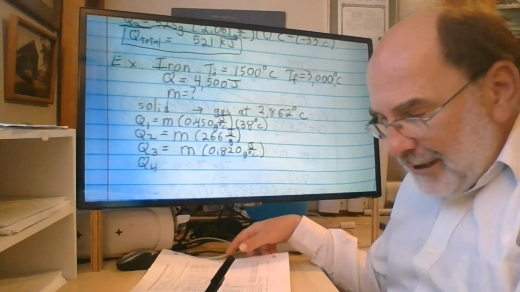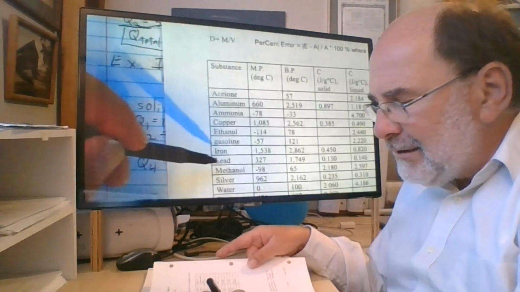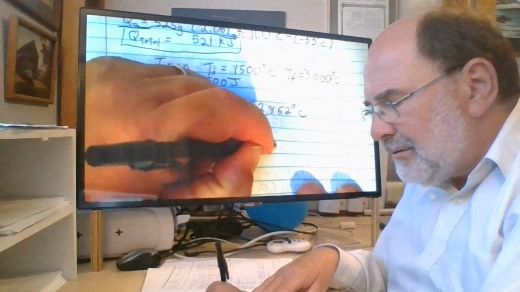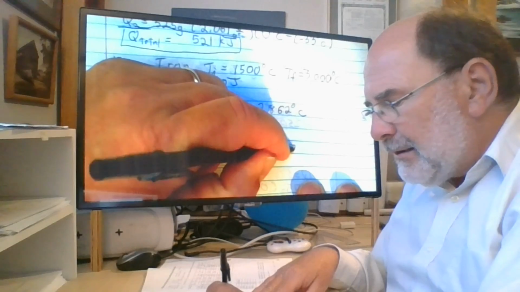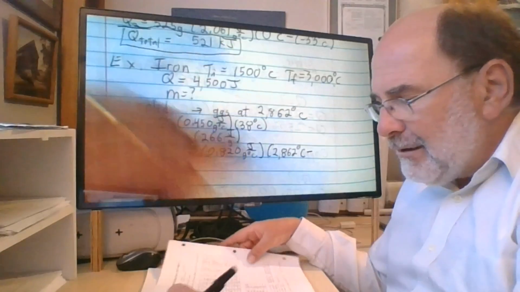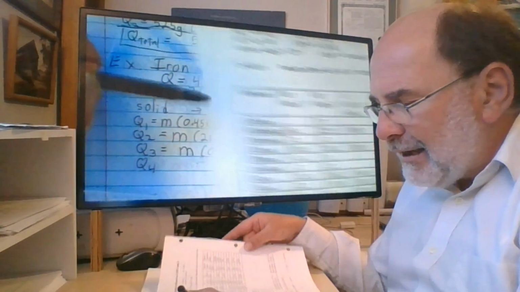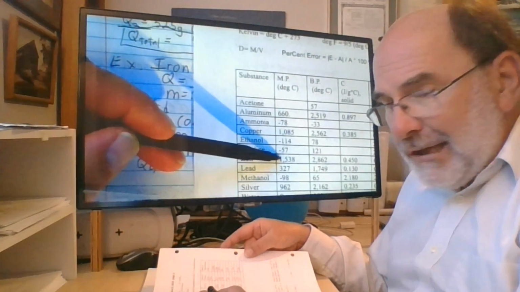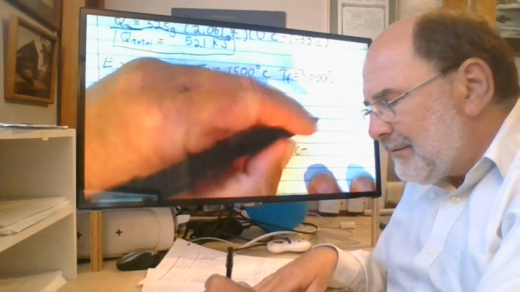And the change in temperature is going to be the boiling point, 2,862 degrees Celsius, minus its melting point, because we're not starting at 1,500 degrees, we're starting at 1,538 degrees.